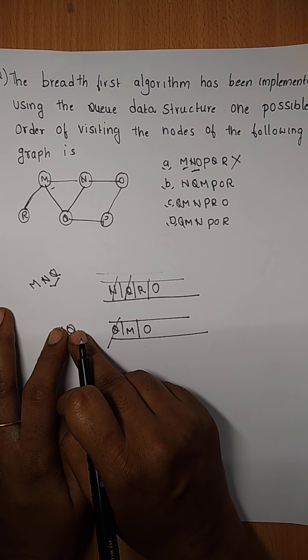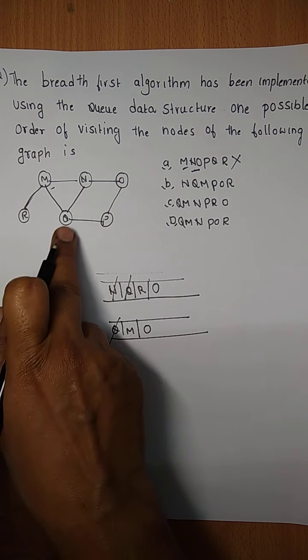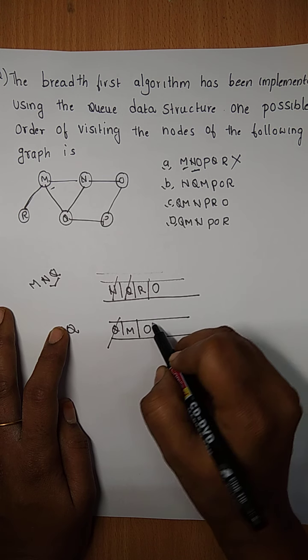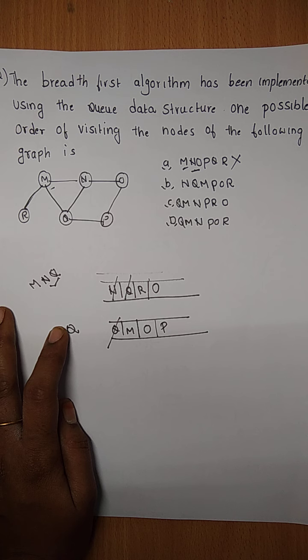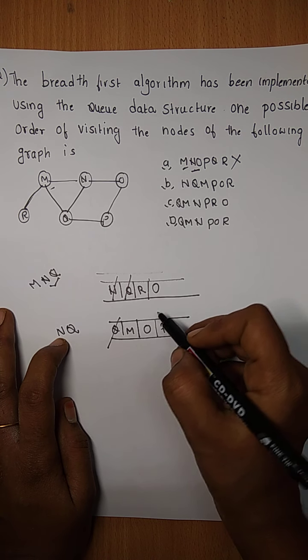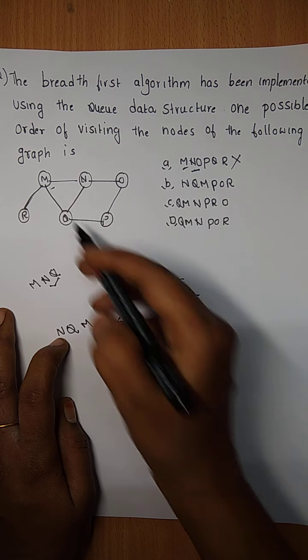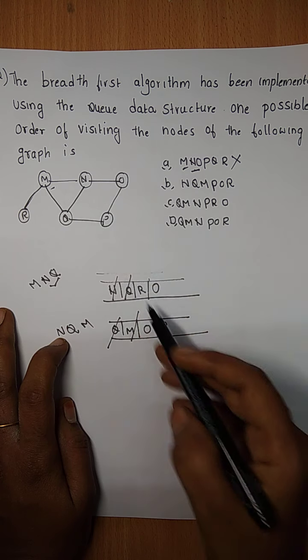And what are the adjacent non-visited vertices of Q? M, P. M is already in the queue, so insert P into the queue. Now, what is the front of the queue? M. Remove M and insert its adjacent non-visited vertices into the queue.